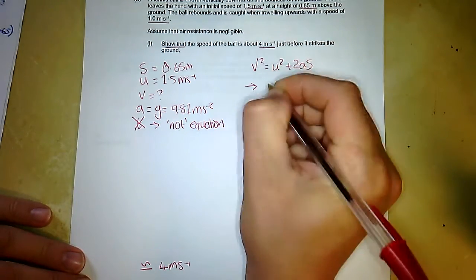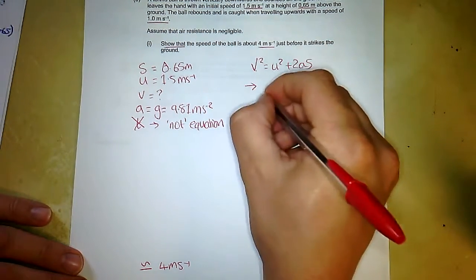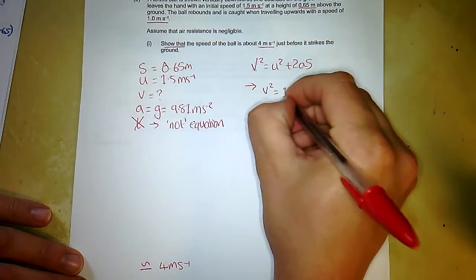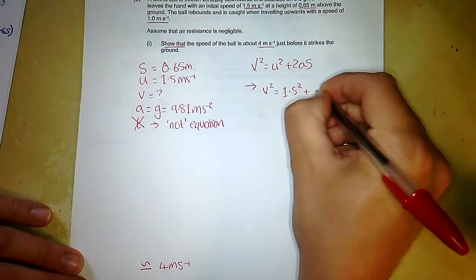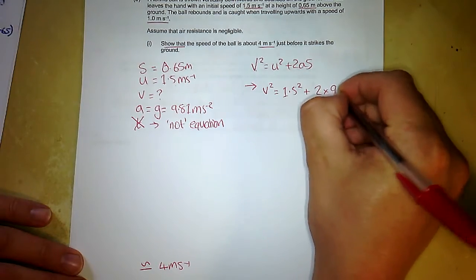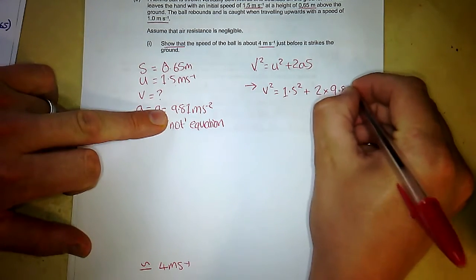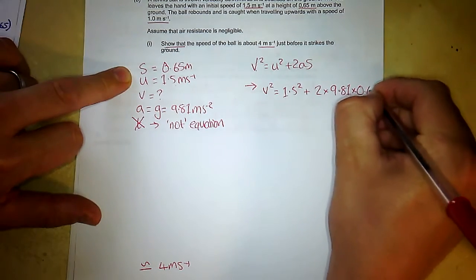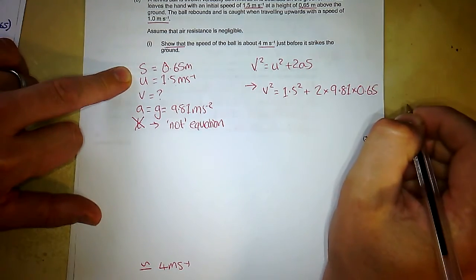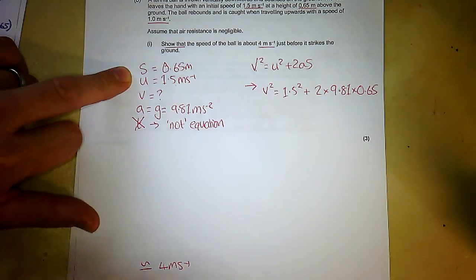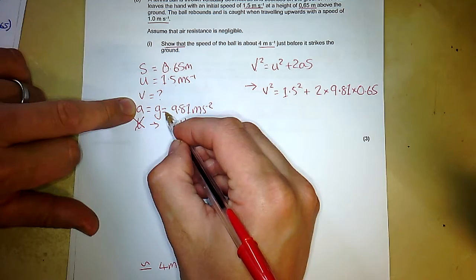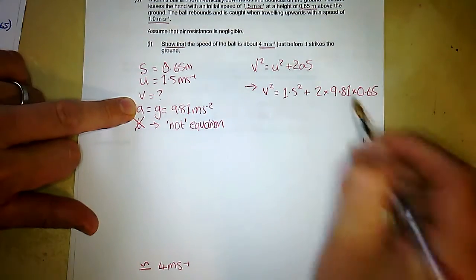So, substituting, v is our unknown, squared equals u squared, 1.5 squared, plus 2 times gravity 9.81 times s, the height 0.65 meters. In this one, the initial velocity and the acceleration are in the same direction, so we keep them with the same sign.